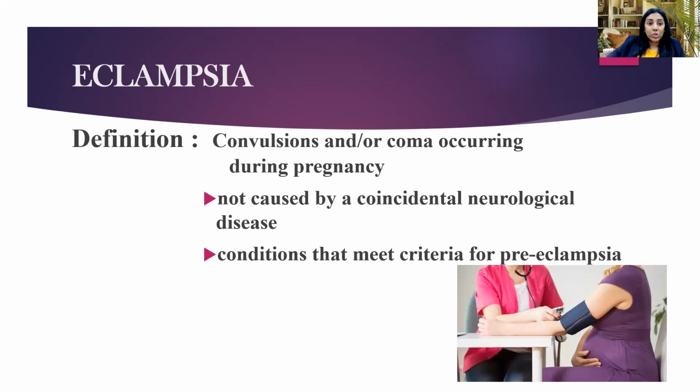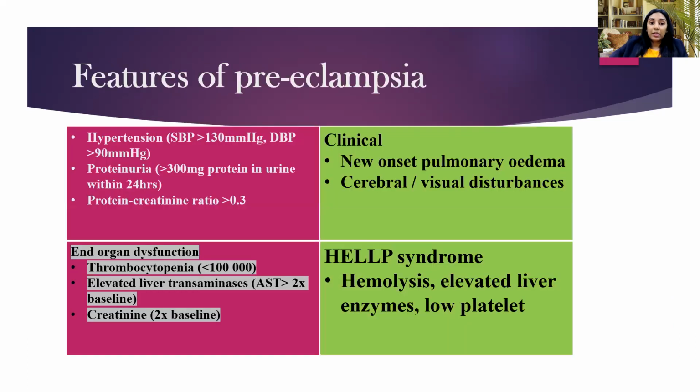So next we'll go on to eclampsia. It's convulsions or coma occurring during pregnancy that is not caused by a neurological disease, and it occurs in conditions that meet the criteria for preeclampsia. So for the features of preeclampsia, what is important is the box that is in green.